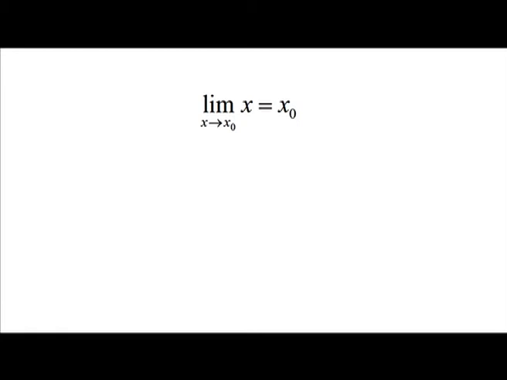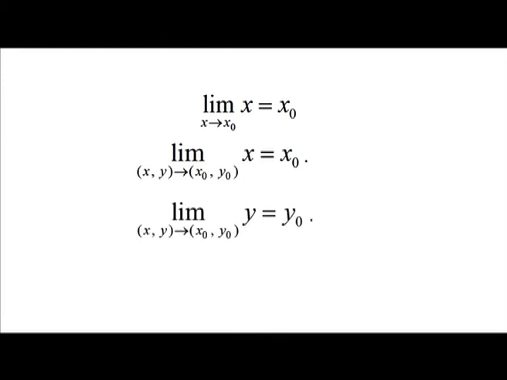Already we know that the limit as x approaches x0 of x is equal to x0. Hence, we have the limit as (x,y) approaches (x0,y0) of x is equal to x0. Similarly, the limit as (x,y) approaches (x0,y0) of y is equal to y0, and the limit as (x,y) approaches (x0,y0) of k is equal to k.